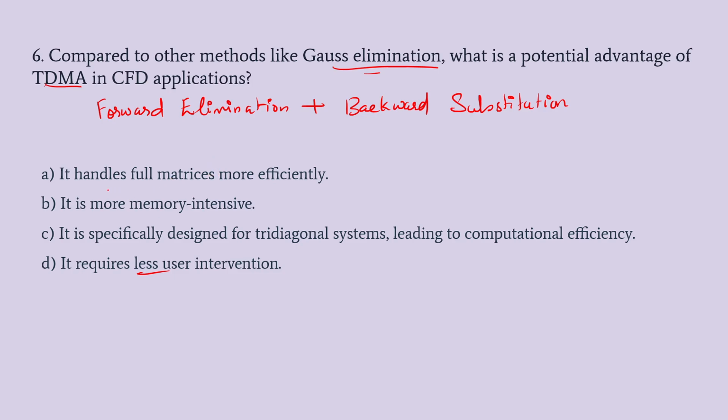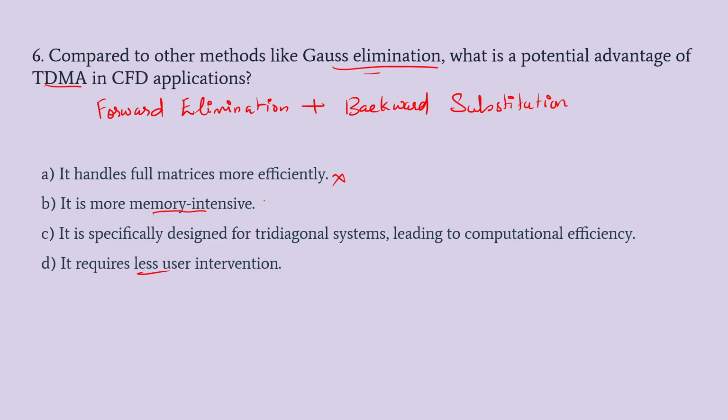If you see the options, the first option is that it handles full matrices more efficiently. When the matrix is full, the forward elimination process will take more time, or it becomes more computationally expensive. So this is wrong. Next, it is more memory intensive. Something becomes memory intensive when we have to store values.